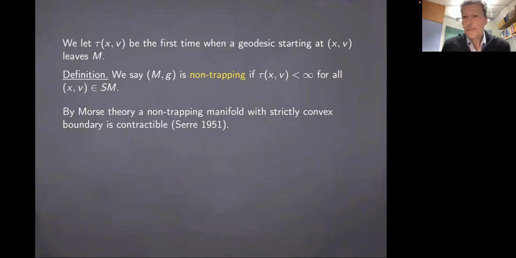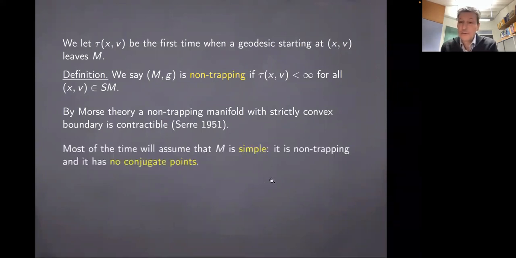Now, it's a classical piece of geometry that if you have a non-trapping manifold with a strictly convex boundary, it has to be contractible. So you might as well think of these manifolds as just balls from a topological point of view. You can trace this back to a classical result of Serre in the 1950s by using Morse theory.